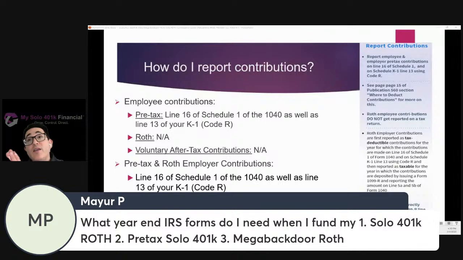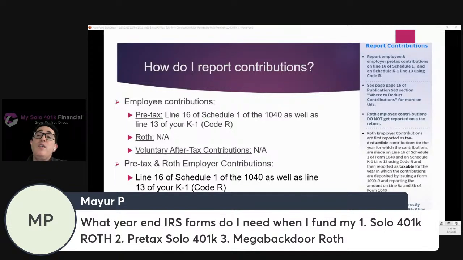Now, that after-tax to Roth transfer is reportable for the year of the transfer. Because of the contribution deadlines being the business tax return deadline, including any timely filed extension, many individuals here now in 2025 are making 2024 contributions. So if one's making a 2024 voluntary after-tax contribution here in 2025, when you transfer it to the Roth, that of course will necessarily be in 2025 or even later.